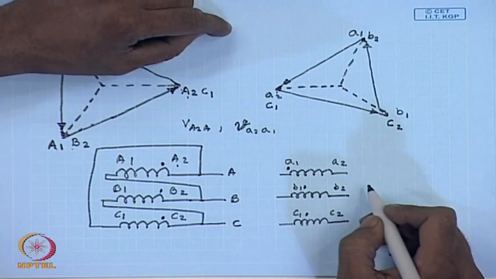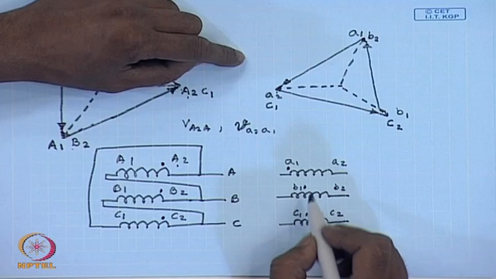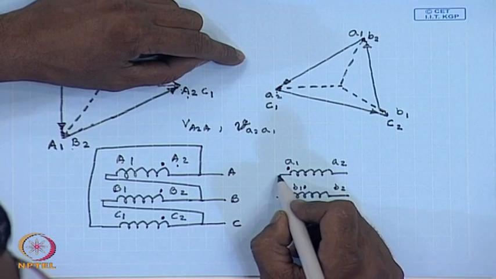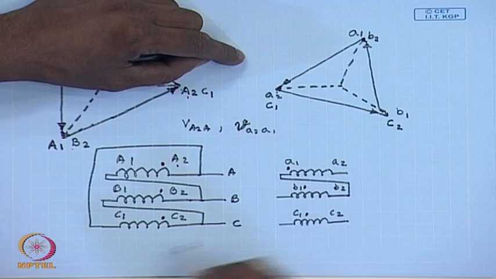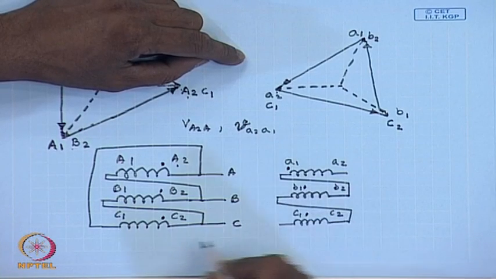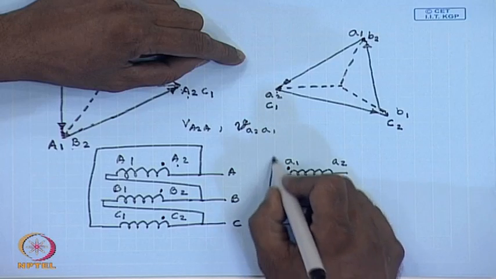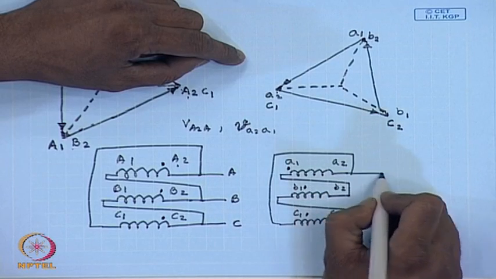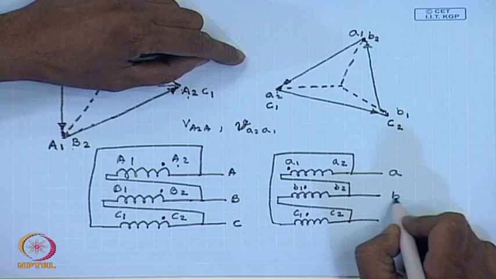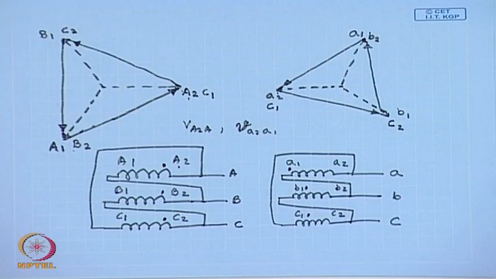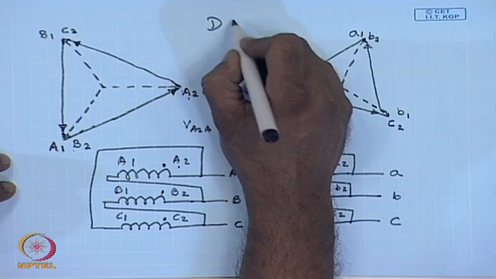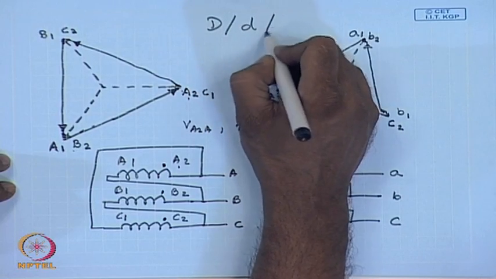The connections are made again by connecting A1 to B2, B1 to C2 and C1 to A2, and the lines are connected to A2, B2, C2. So, this is the connection DD6.